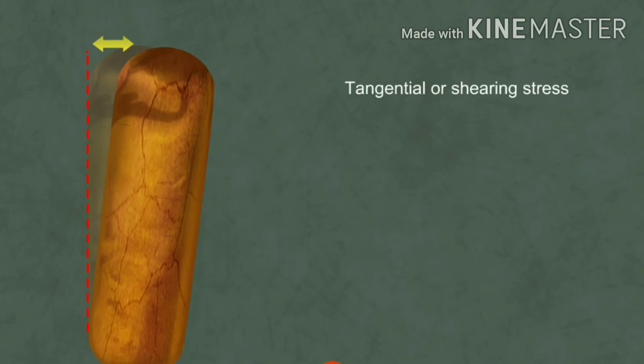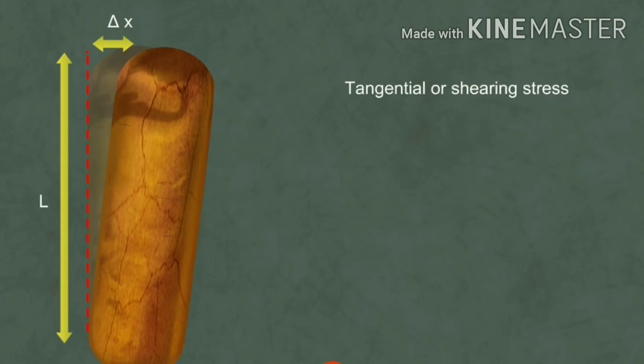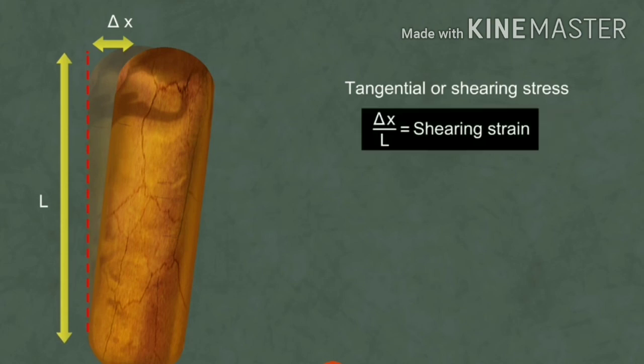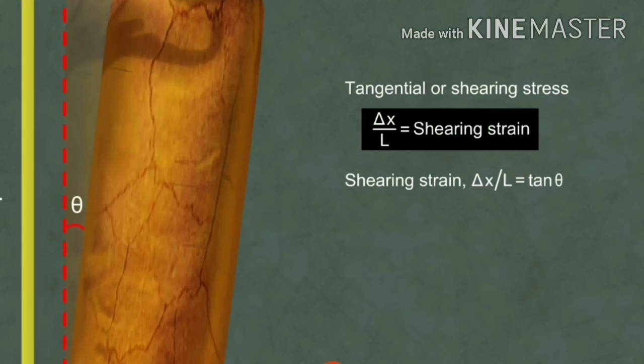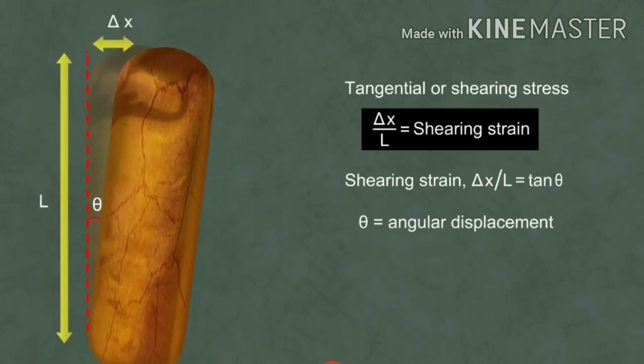The ratio of relative displacement delta x to the length of the cylinder is known as shearing strain. It can also be written as delta x by L equal to tan theta. Theta is the angular displacement of the cylinder, and generally the value of theta is very small, so tan theta is approximately equal to theta.